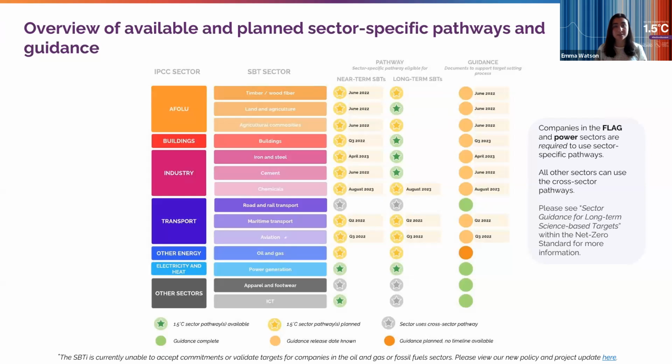Because of this transition, the SBTi is updating many of the pathways that we previously had available. You can see these on the screen denoted by the yellow stars, and the yellow stars also have dates as to when you can expect these pathways to be updated.